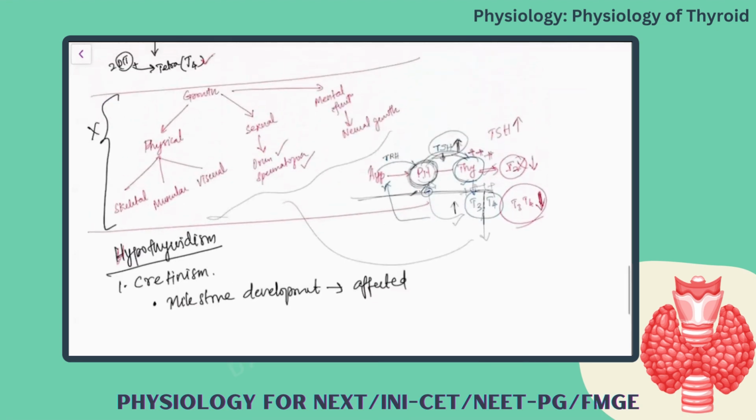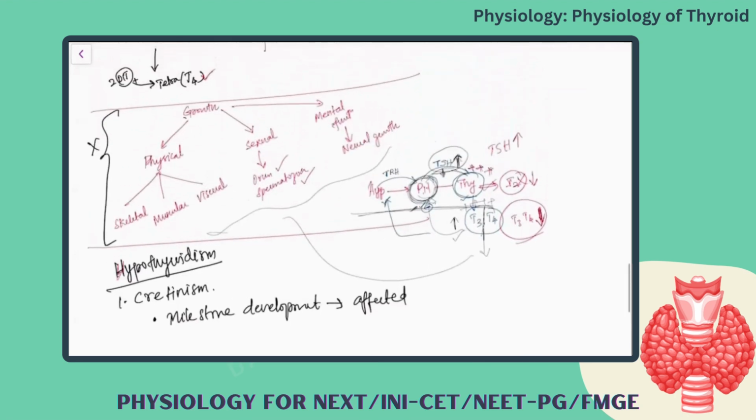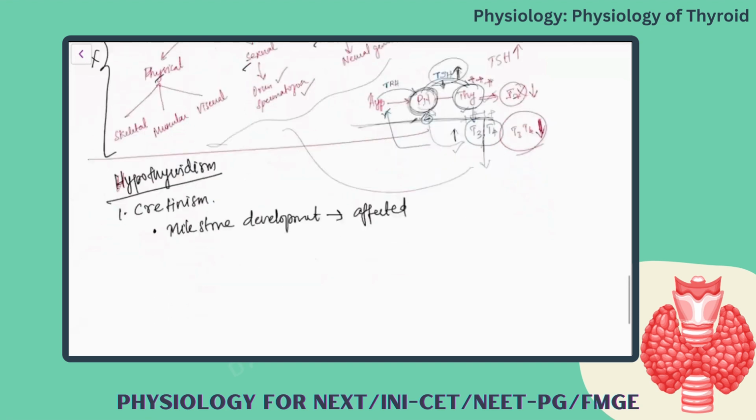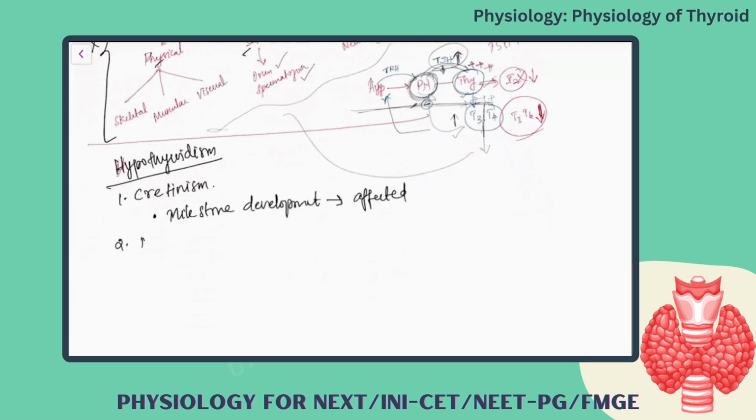Okay, and the next thing is you will find arrest of growth, whatever growth we are seeing all together: physical growth, skeletal growth, mental growth, everything. So in this case you will find dwarfism where the IQ is low.